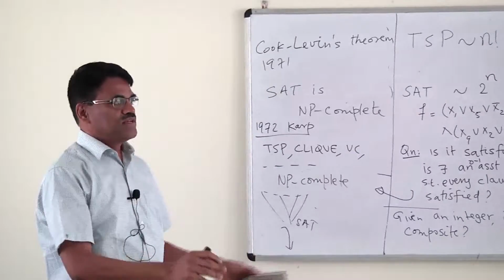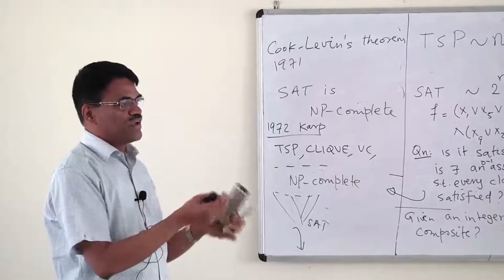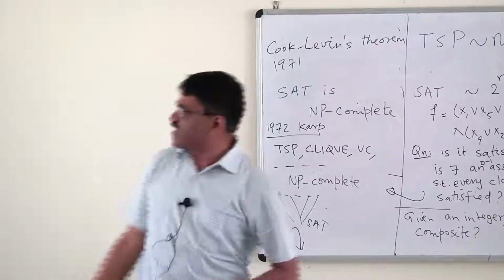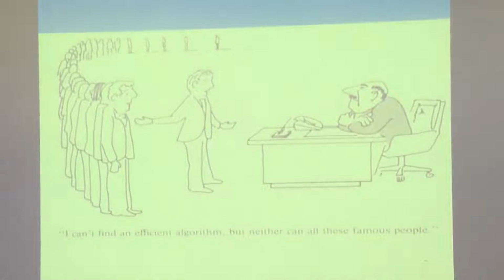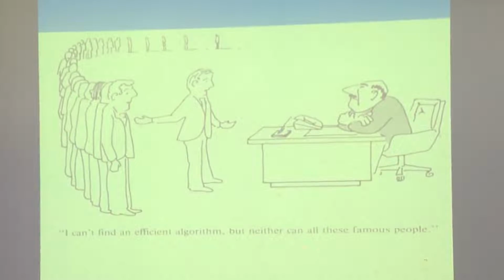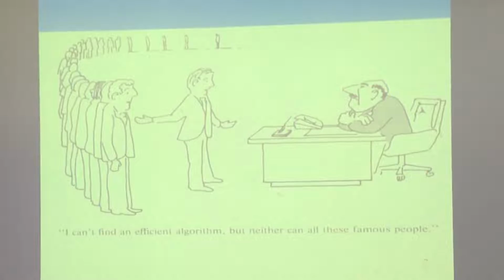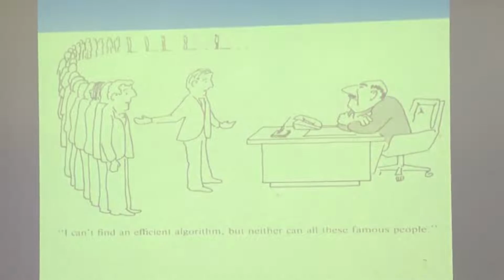That would be a nice settling of it. But NP-completeness brought an intermediate theory. So what we can say is this: I can't find an efficient algorithm, but don't fire me and hire somebody else, because none of these famous people can give a polynomial time algorithm for this either, which is the same as saying this problem is equivalent in some sense to this whole lot of problems which people have proved NP-complete. So with this notion of NP-completeness, you can say at least this much and save your job.